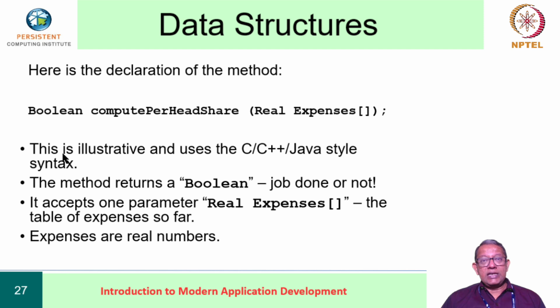Maybe as we progress and add complexity, we might have to change the return type to a more suitable one. The method accepts one parameter, real expenses array, the table of expenses so far. Expenses are real numbers.